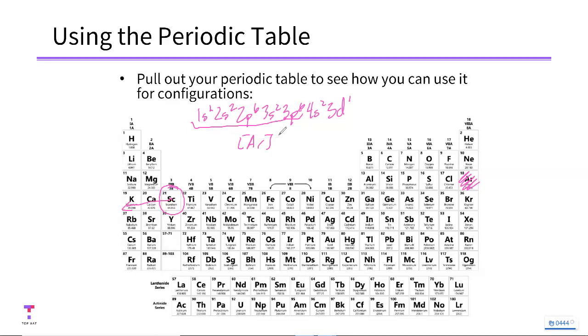Everything else is specific to scandium, 4s2, 3d1. And so with noble gas configurations, we can shorten any electron configuration by relating it to the nearest noble gas and then talking about how it is different from that noble gas. And that's really all that we have to do.